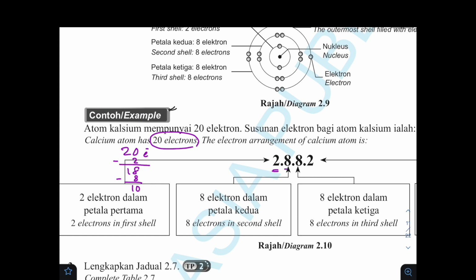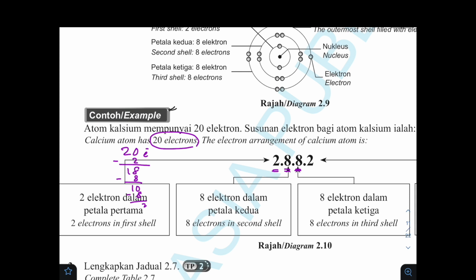So we put 8 here. And then we have 10 electron to be drawn, to be arranged in our electron arrangement. We have 10 more. So the third shell can occupy 8 electron. So minus 8. So we have 2 more electron.